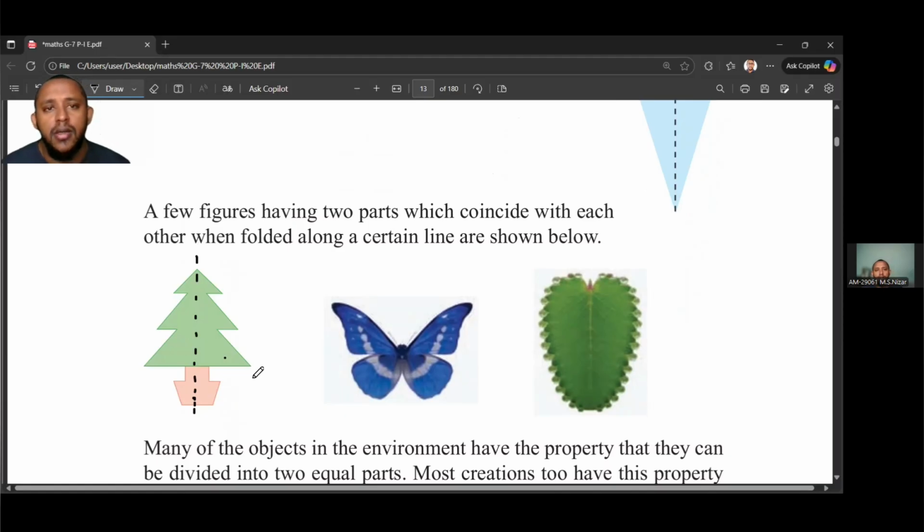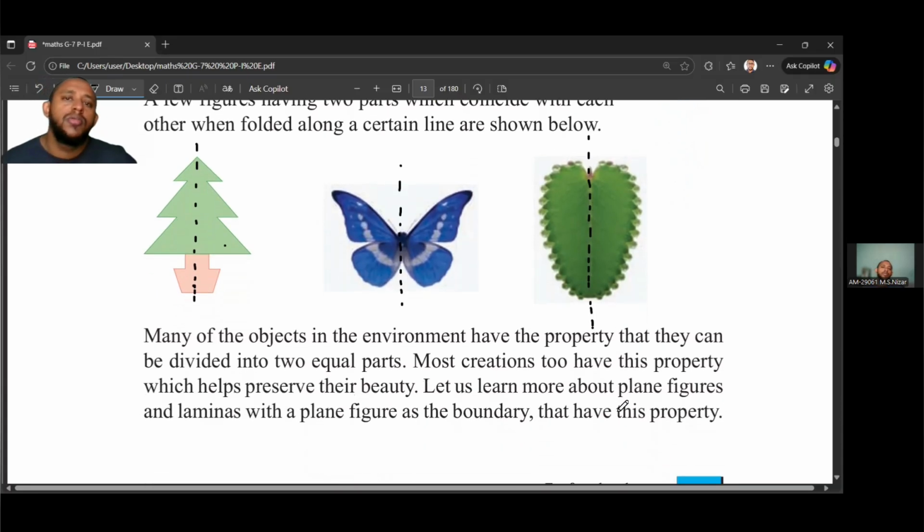You can fold along this dotted line and you will get equal parts. Even the butterfly is the same. Through this dotted line, we will get symmetrical parts of the particular object, which in this scenario is a butterfly. And they have shown us a leaf, right?